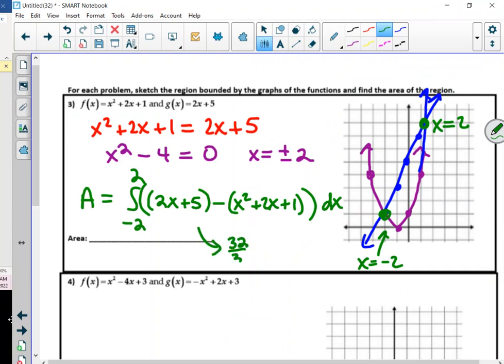32 thirds, or 10 and 2/3. I was doing it on the handheld and I was getting a negative. I shouldn't get a negative, so that's how I knew something wasn't right about how I typed it in. Oh, because it's not a -5, it's a +5.